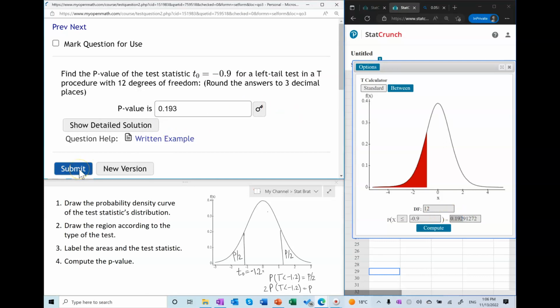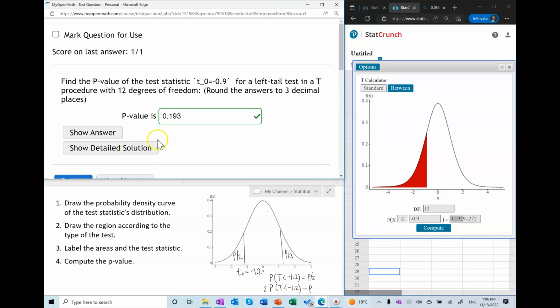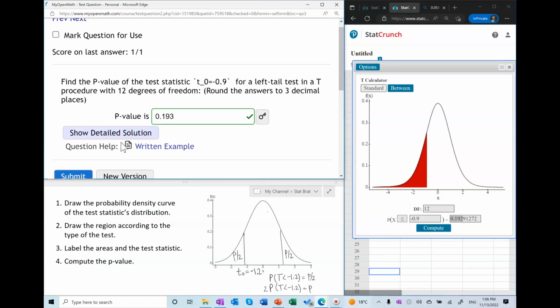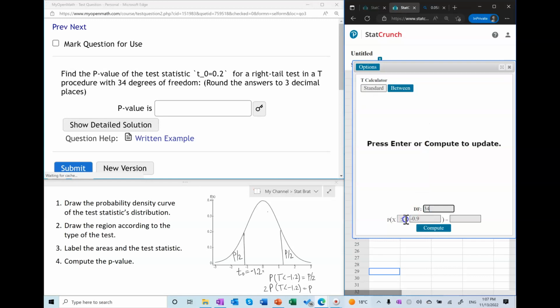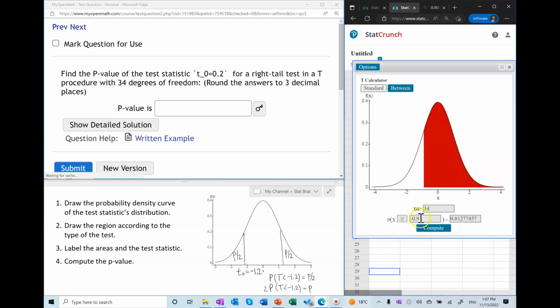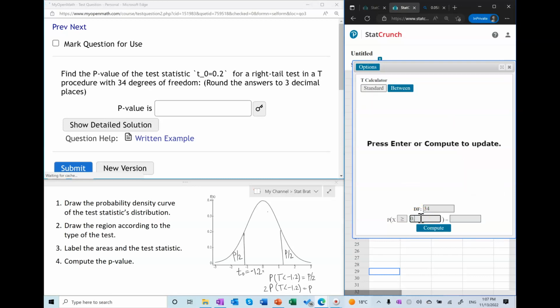And let's do one more of the right tail test. And in the right tail test, to find the p-value means to find the area to the right of the test statistic. So it's simply this.